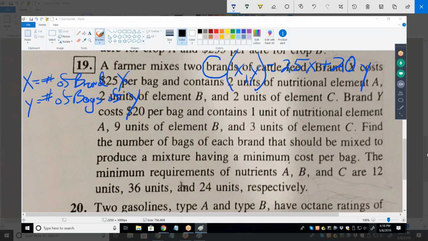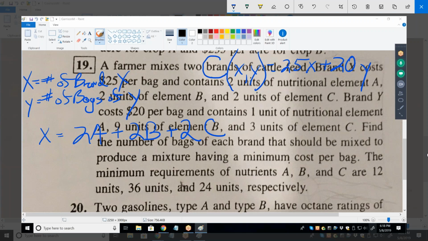Hold on a second. I'm still trying to get a handle on how we're going to treat these nutritional elements. We've got three elements, A, B, and C. One bag of X contains 2A plus 2B plus 2C.